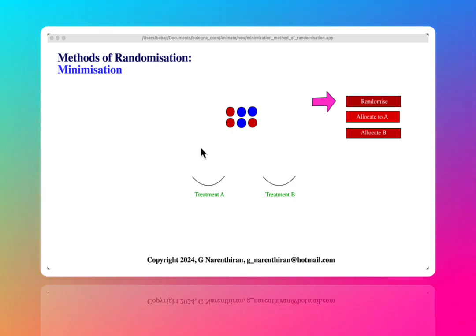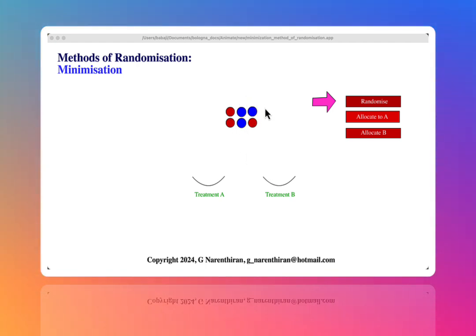In the test group we are introducing a new treatment, but because these patients, let's say the dots in red, have a higher risk of the disease, what we want to make sure is that we have an equal number of patients with red and blue in both groups, so that not only are the patients randomized, but they are randomized in a way that they have similar risk factors. You will understand it a bit better in a second.